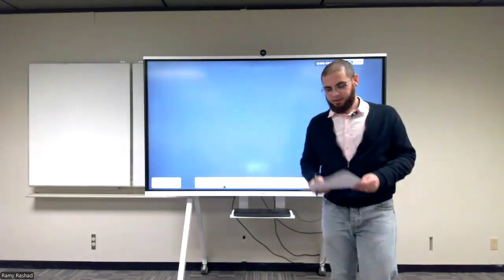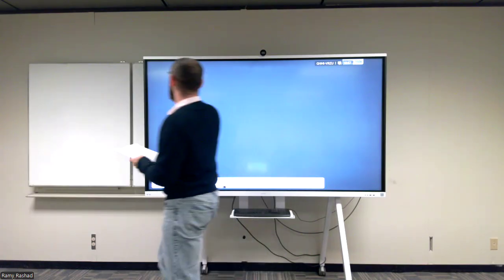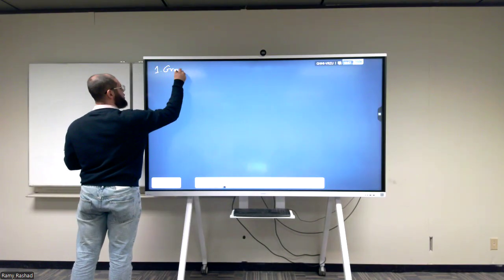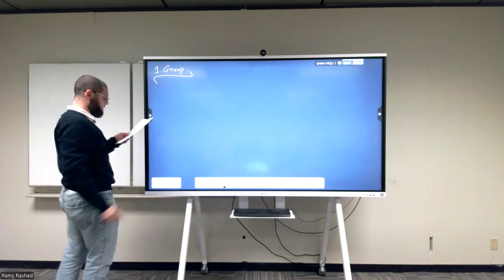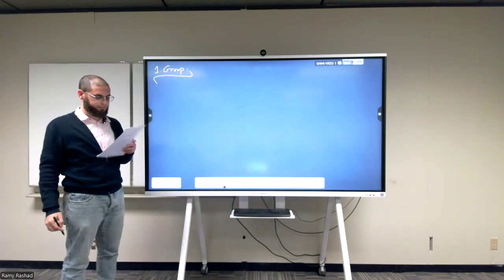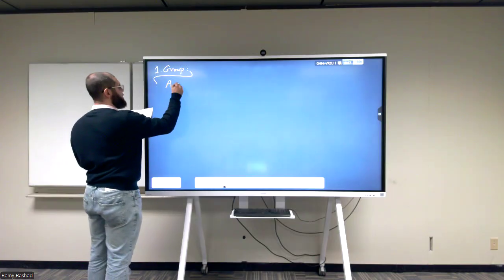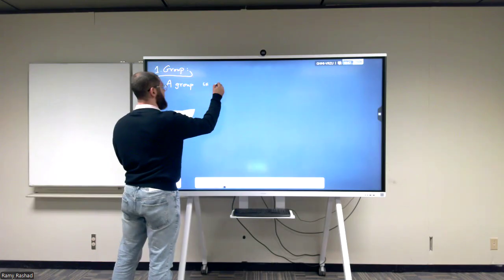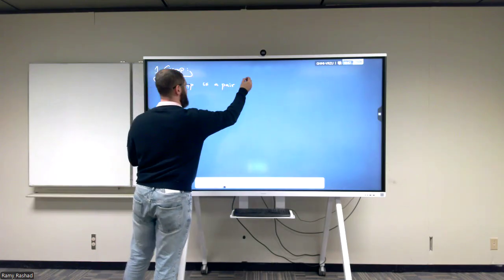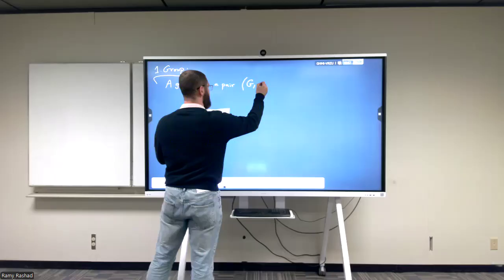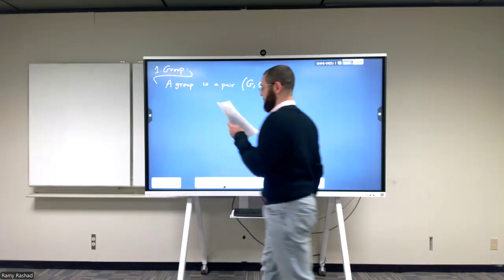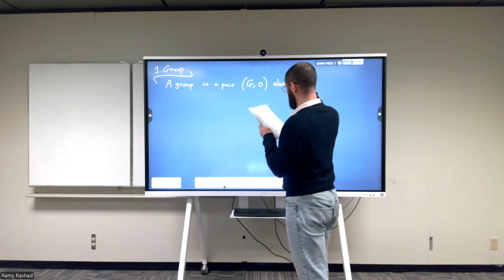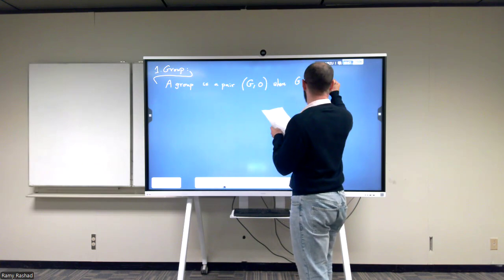We're going to be defining now a new type of object, which we're going to be calling groups. So this is the definition of what a group is. A group is a pair G circ, where G is a set.